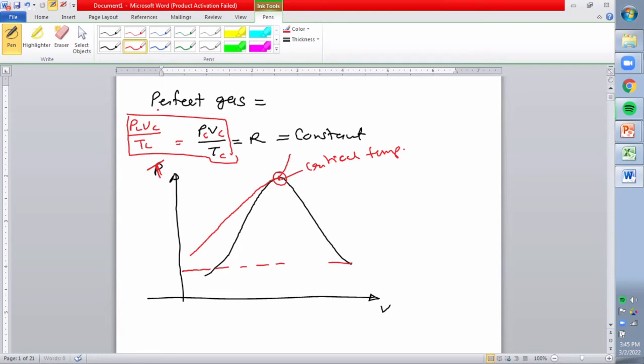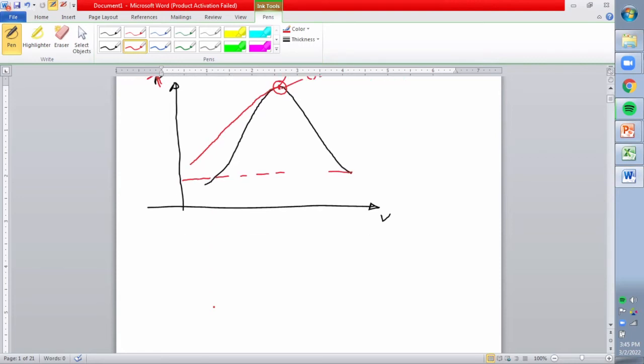So the gas or fluid which obeys this relation at very high temperature and very low vapor pressure is labelled a perfect gas.